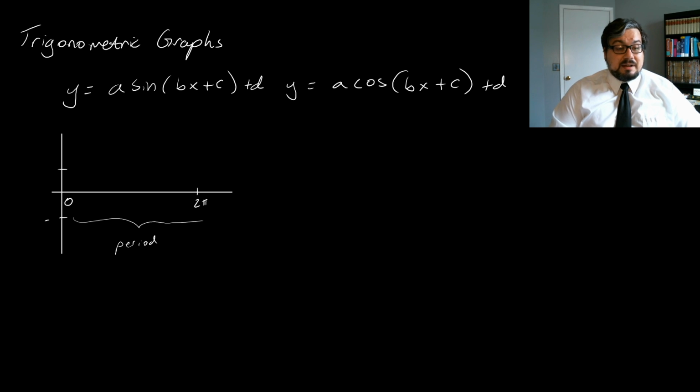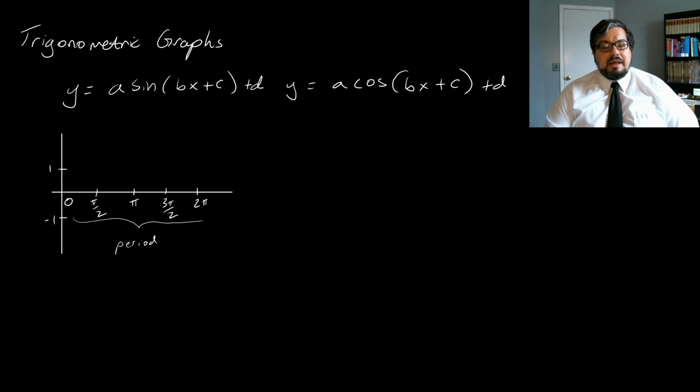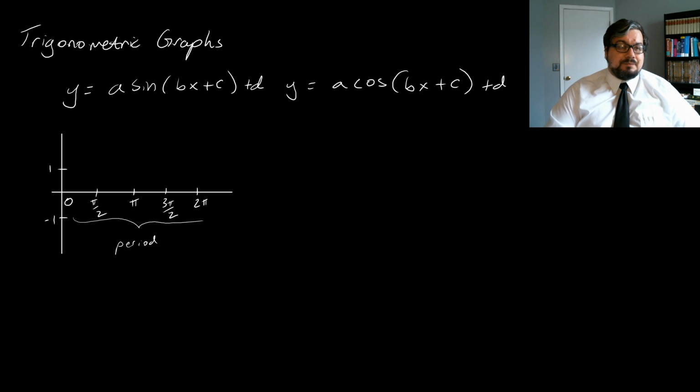One period of sine and one period of cosine. And we know that sine and cosine lie between -1 and 1. Once we know that the period goes from 0 to 2 pi, we split up the period into 4 pieces. And so we put a mark at the halfway point of the period and then in the middle of each of the 2 sub-intervals that we've created.